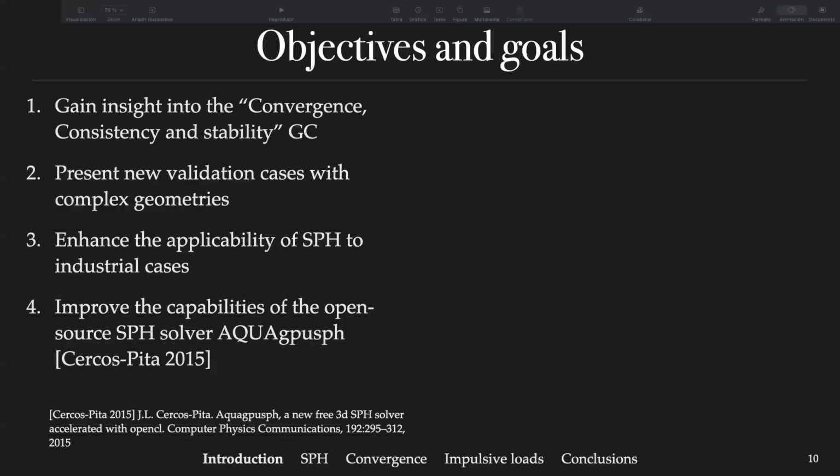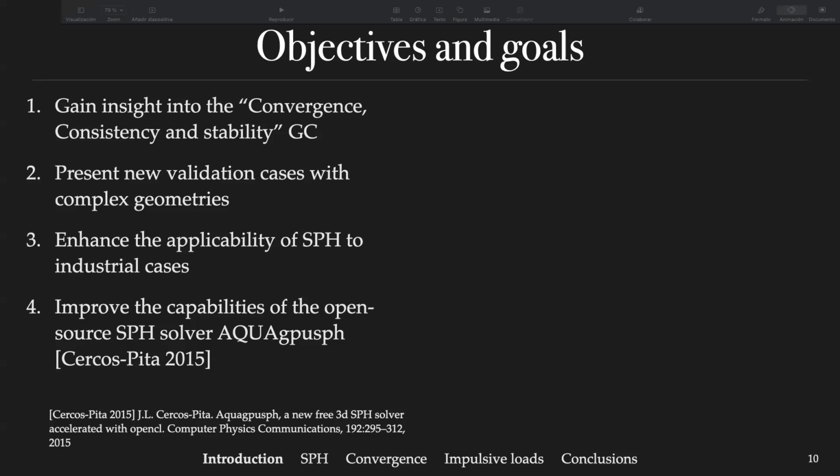With this in mind, the objectives of this thesis can be summarized as follows. First, gain insight into the convergence, consistency, and stability grand challenge. Second, present new validation cases involving complex geometries, so that these experiments allow validating SPH against cases that already represent the complexity of real-life applications.